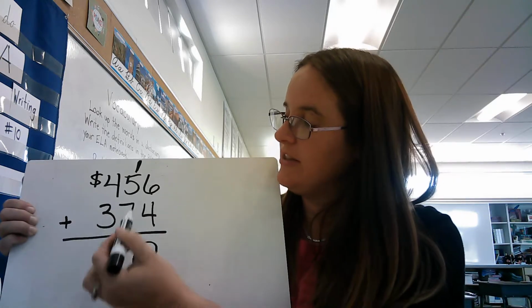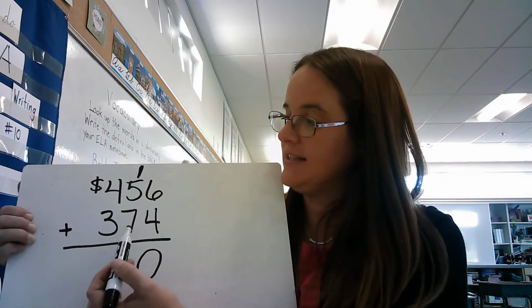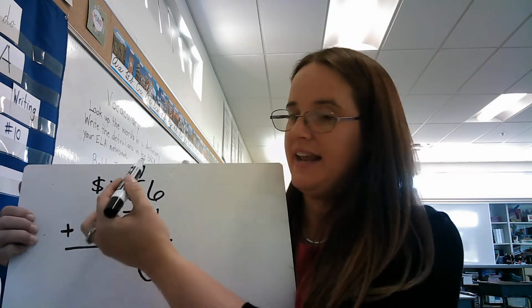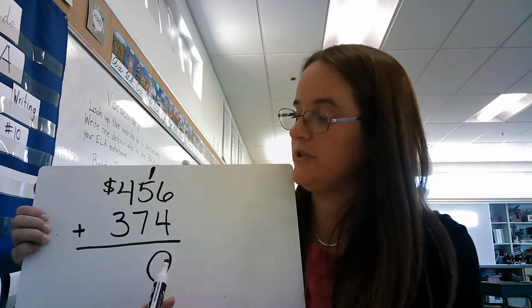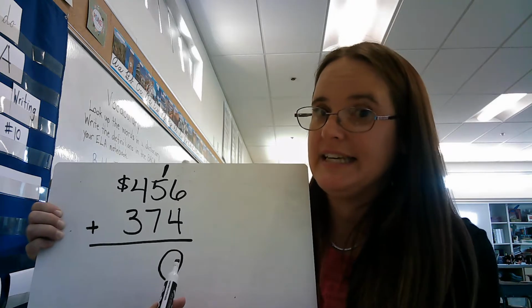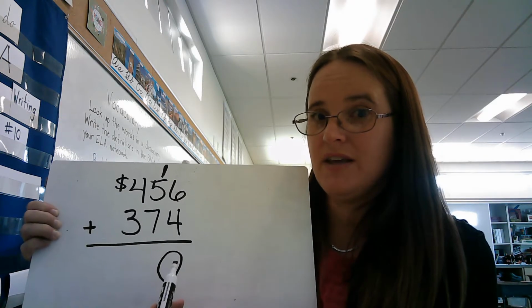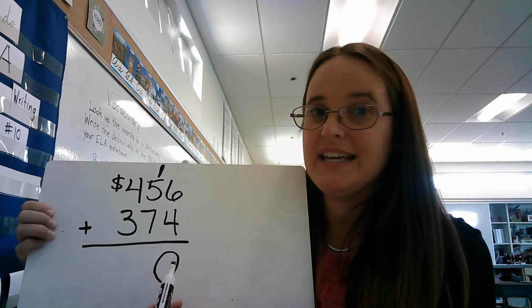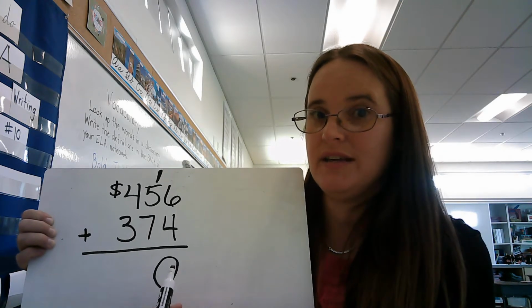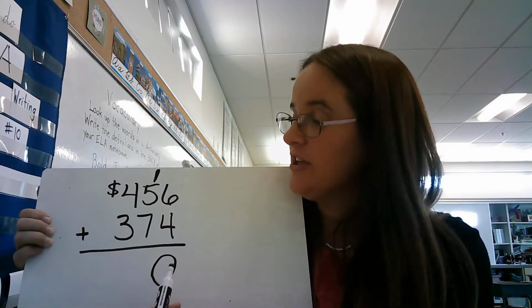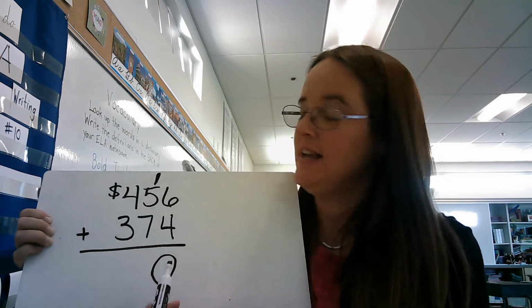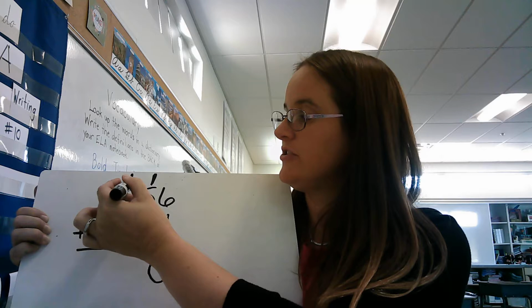Okay, so now I look at my tens. I have 7 tens, I have 5 tens, and I have that one extra 10 for a total of 13 tens. Can I trade some of those for 100? How many tens does it take to equal 100? It takes 10 tens. So if I have 13, I can trade 10 of them for 100.